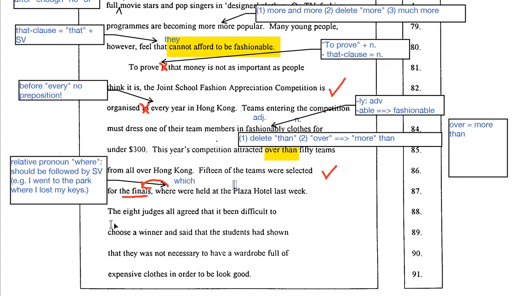Alright, 88: the 8 judges all agreed that it been difficult. The problem is with "been." This is a very classic structure: subject, verb, and then adjective. This is actually what we call a subject complement.